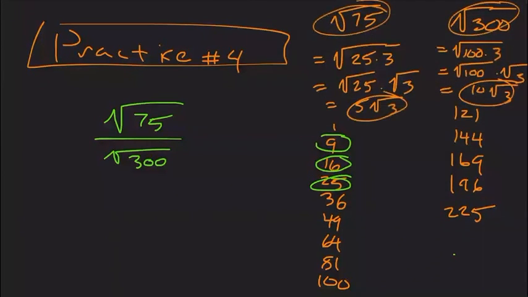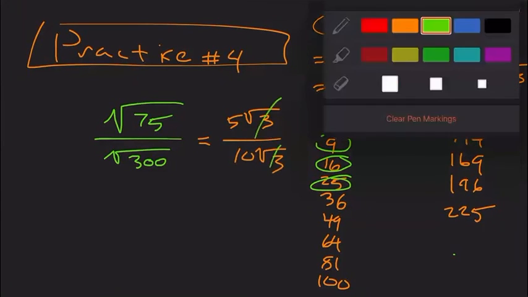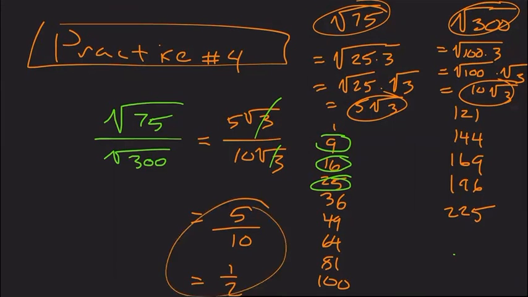Let's go ahead and swap those out: 5 rad 3 over 10 rad 3. The rad 3s can cancel each other out, and we're left with 5 over 10, which will be our answer. You can simplify that to 1/2. That'd be good as well, either one of these. With that, let's go ahead and move on to part B of the classwork.